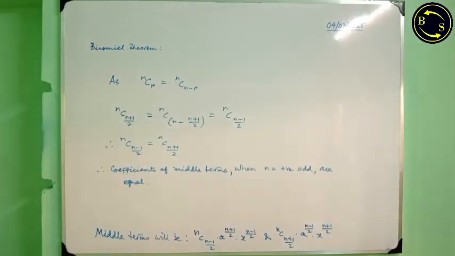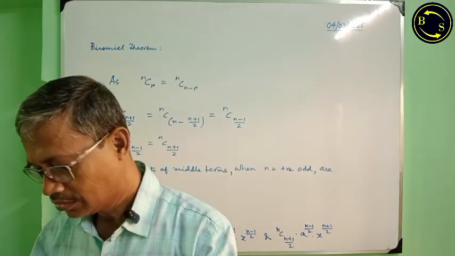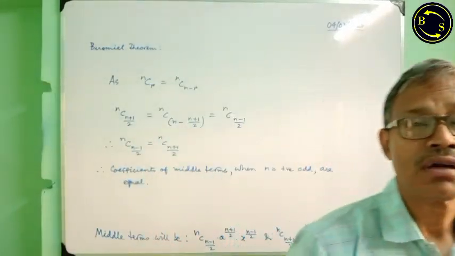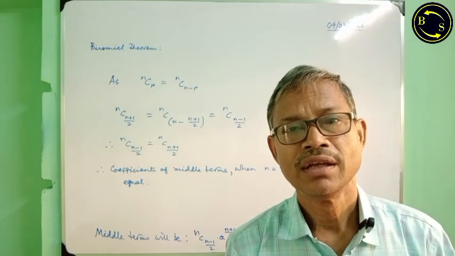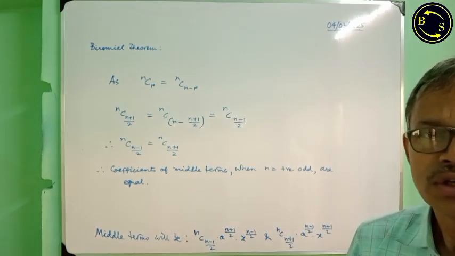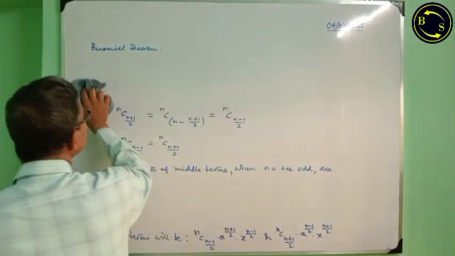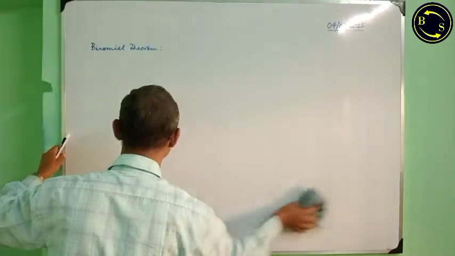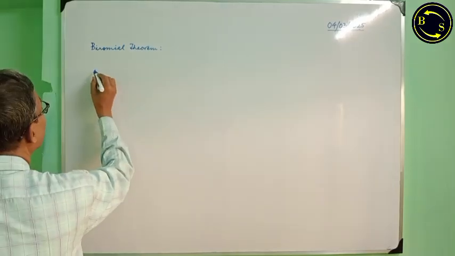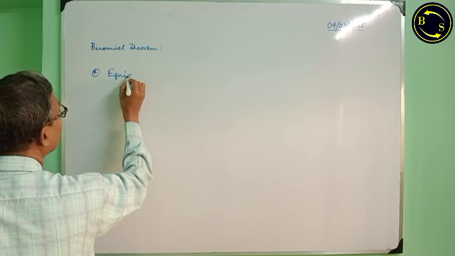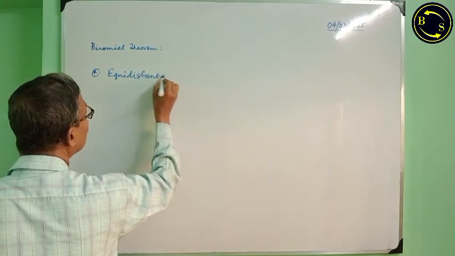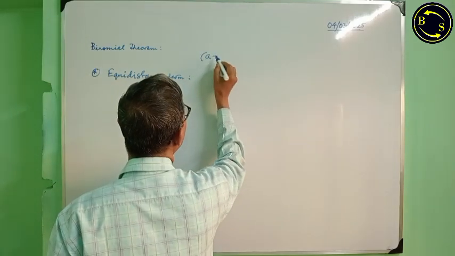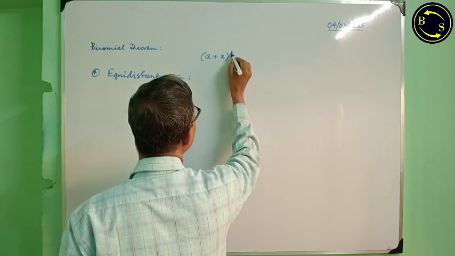Now we are going to show an important result, that is equidistant terms from the beginning and the end will have equal coefficients. First of all, we write that expansion.